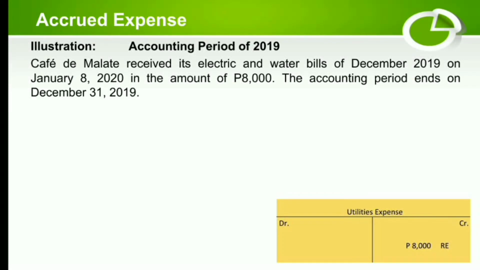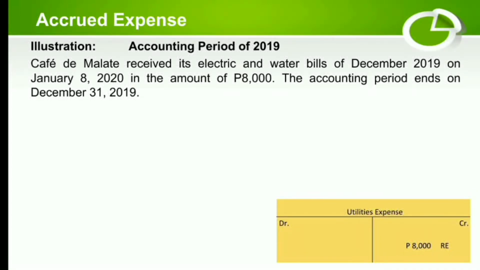So the utilities expense has a credit balance of 8,000 pesos, which is not the normal balance, because utilities expense, as an expense account, has its normal balance and its increase side on the debit side, not on the credit side. However, the credit entry of utilities expense amounting to 8,000 pesos will later on be debited upon payment of the light and water bills.